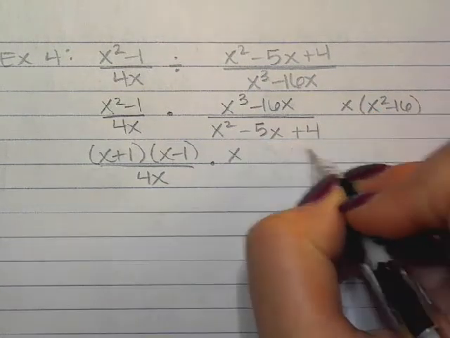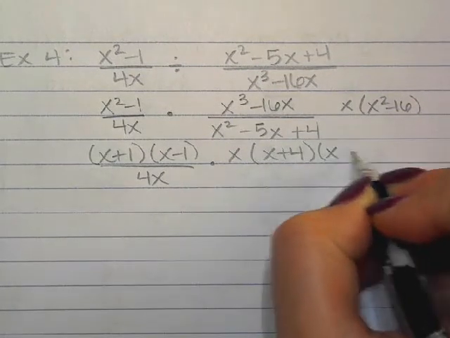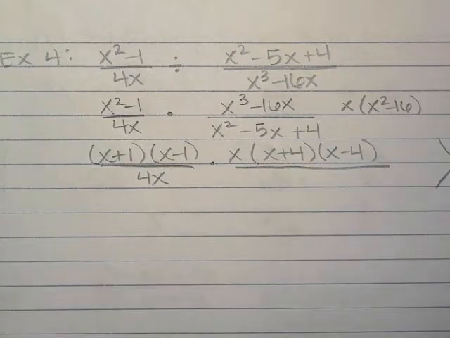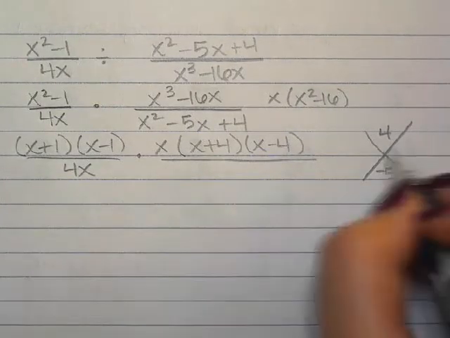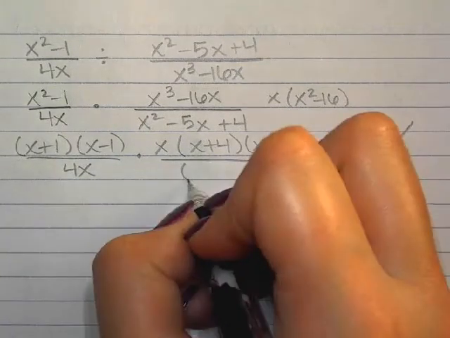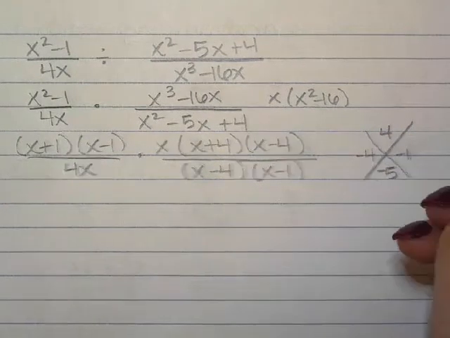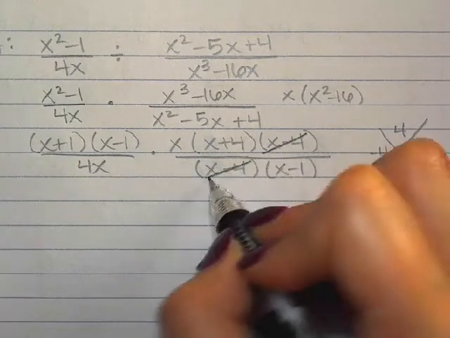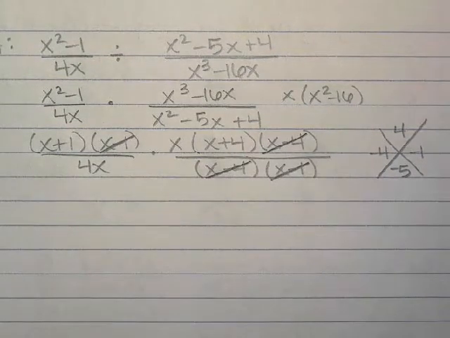So I'm going to take out that GCF of x, and then do difference of squares. So x plus 4, x minus 4. And then on the bottom, we're looking for two things that multiply to 4 but add to negative 5. And that's negative 4 and negative 1. So x minus 4, x minus 1. Okay, so now I can divide factors. x minus 4 and x minus 4 will cancel. x minus 1 and x minus 1 will cancel.